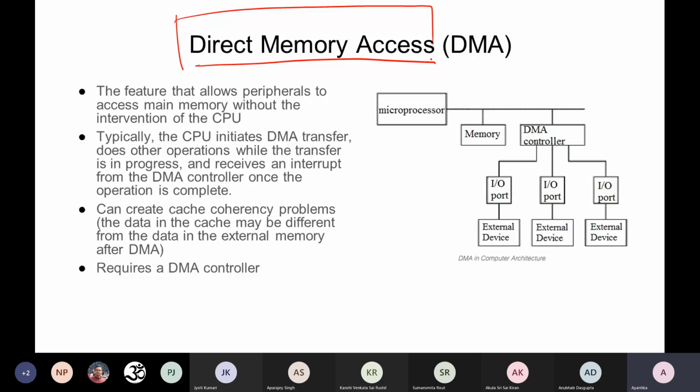Maybe you have stored the image matrix somewhere, but the weights are coming from your IO port.